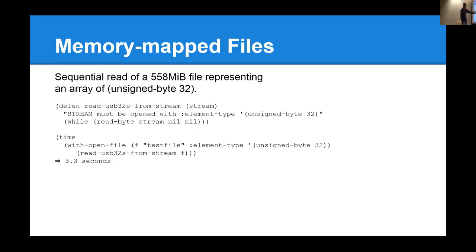I have a test file, I open it, I specify that the bytes are actually 32-bit bytes, and then I read them. When I ran this on a 2.7 gigahertz Xeon, it took about 3.3 seconds to run. So standard Lisp code takes 3 seconds to read 558 megabytes of 32-bit integers.